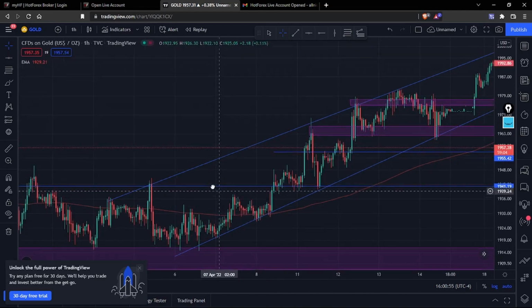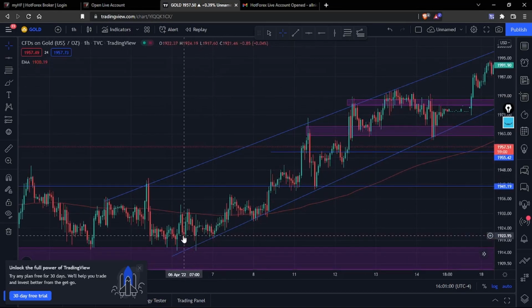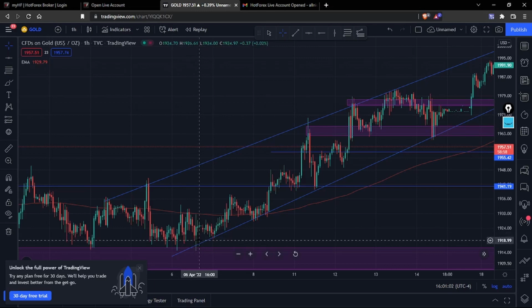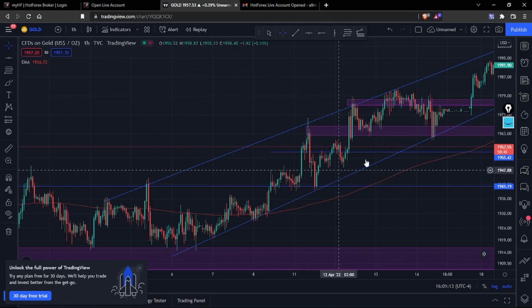So here we have a trend that I've identified, and like I said, to identify a trend in either direction, for upwards trends, we look for higher lows. So this is a low period in the market, this is the market's other low, and so on and so on.